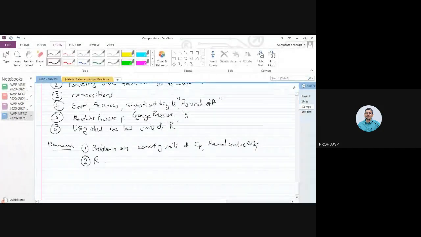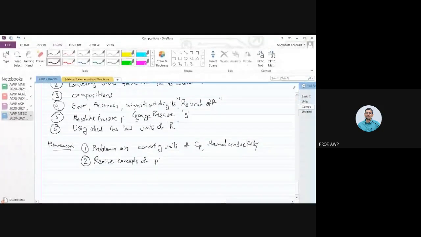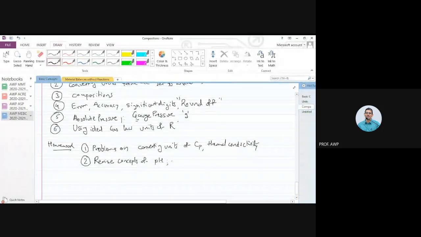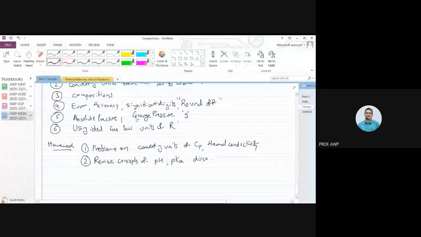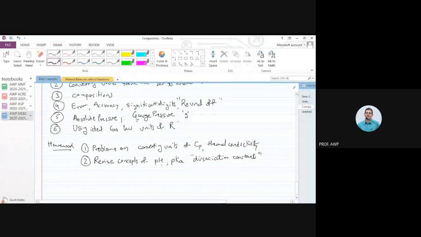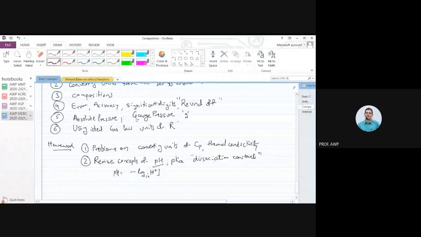Second, I would like you to revise concepts of pH and pKa. So dissociation constants. Did you learn these things in your 12th standard? Yes, sir. So when we say pH, what we mean is pH is minus log to the base 10 of the H plus ion concentration.